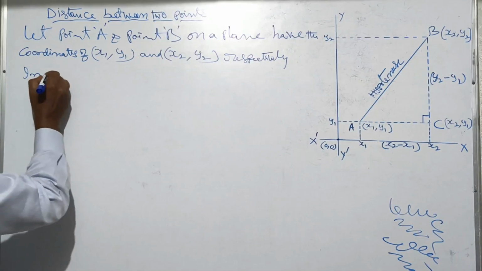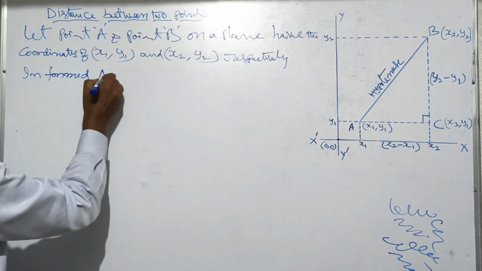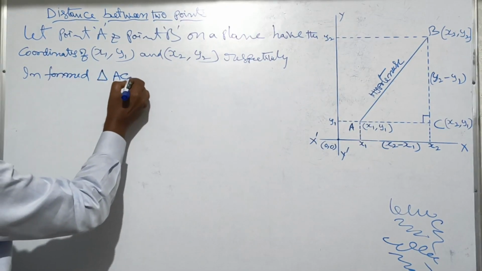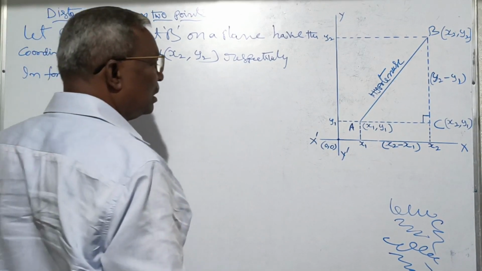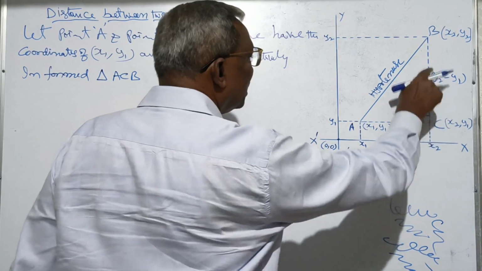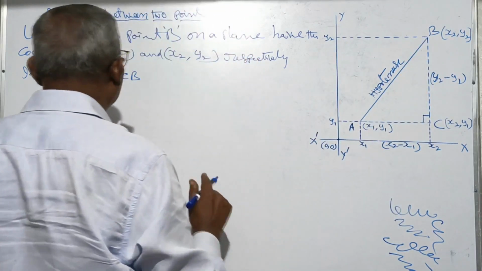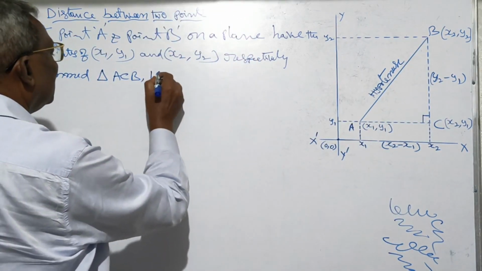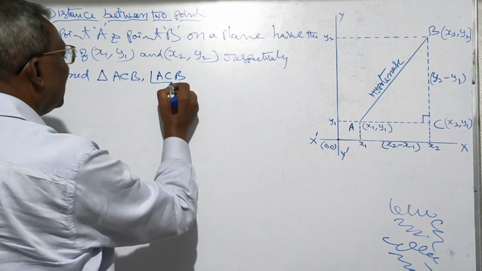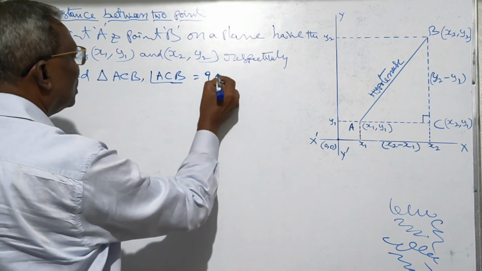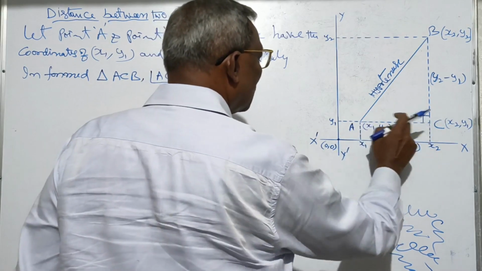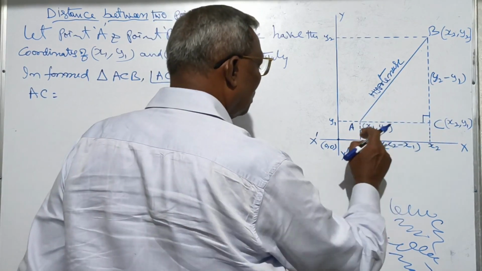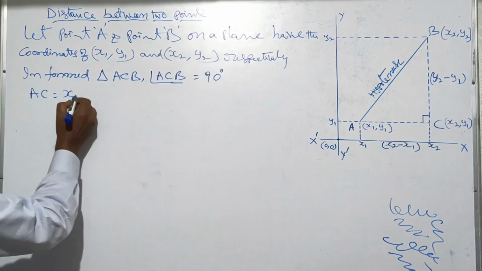Next, in the formed triangle ACB, angle ACB is equal to 90 degrees. Then AC is equal to x2 minus x1.